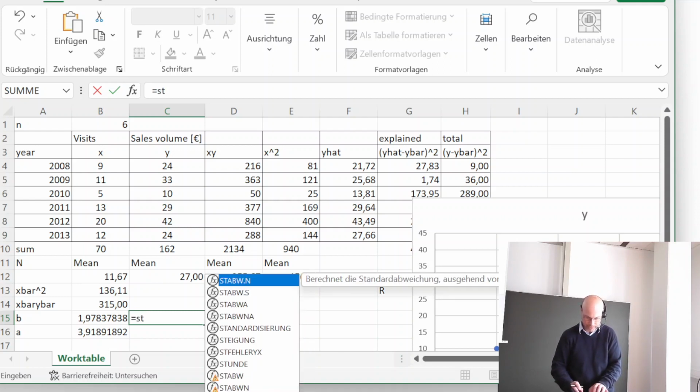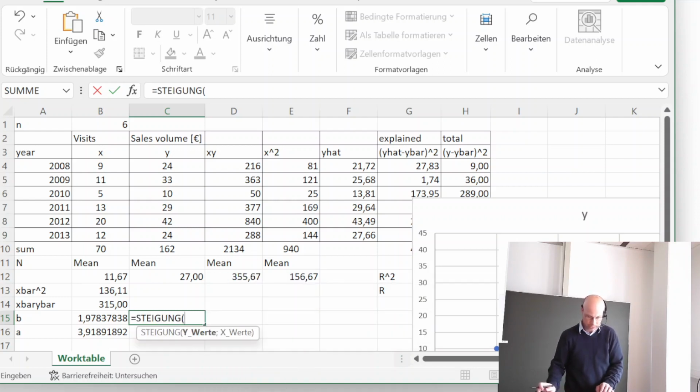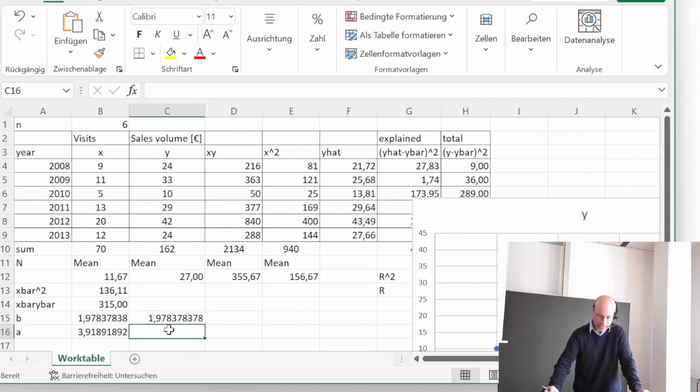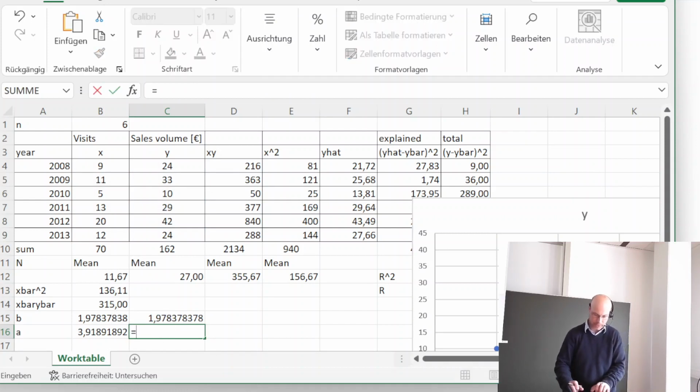Then our y numbers and the x numbers, closing the bracket, and hopefully you see these numbers coincide, and also here.